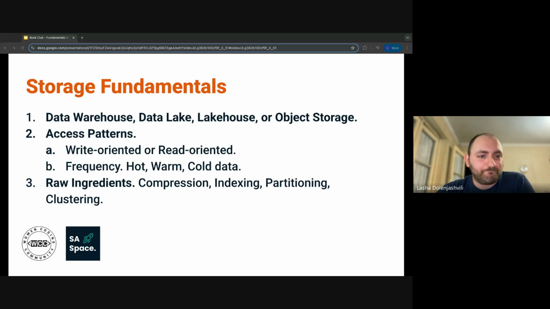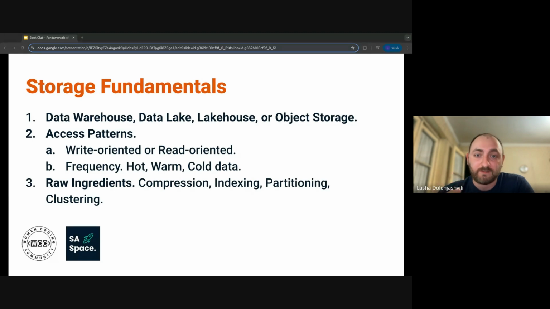So about access patterns. The key distinction we need to make is between write-oriented and read-oriented systems. These two are very important concepts in data engineering. So an OLTP database that runs a website is write-oriented.